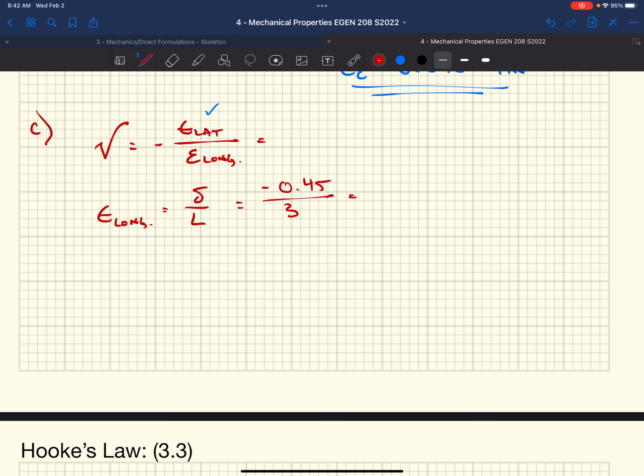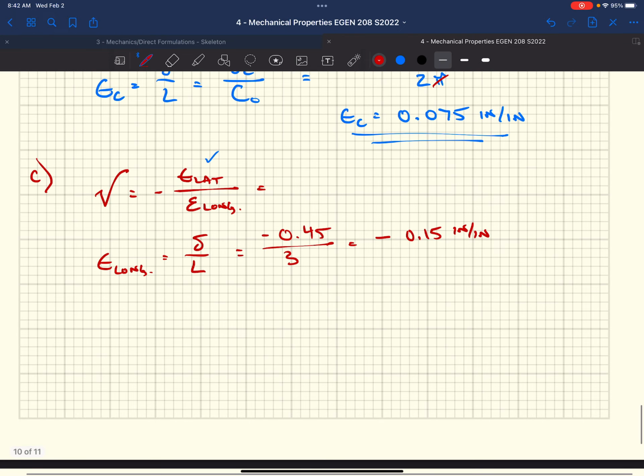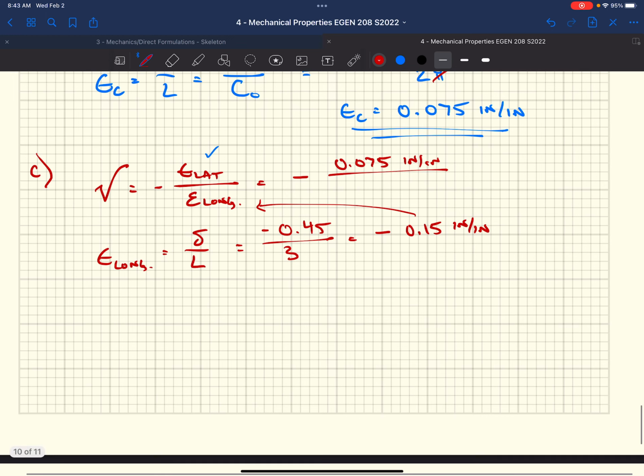One thing to note here: our change in length is a negative value because it got smaller. So we've got negative 0.15 inches per inch. Well, we can now plug that in up there. So now we get negative 0.075 inches per inch divided by negative 0.15, we get 0.5.